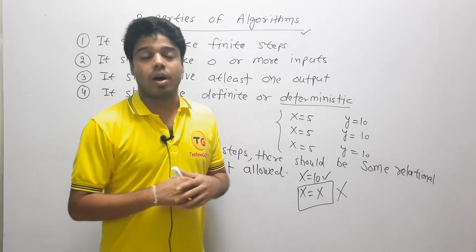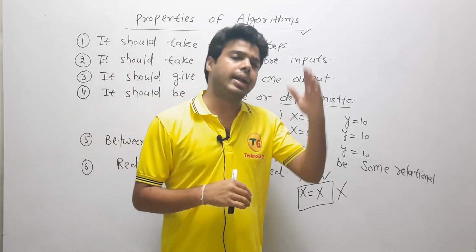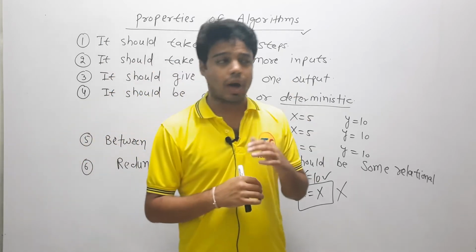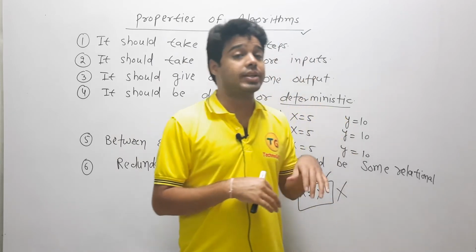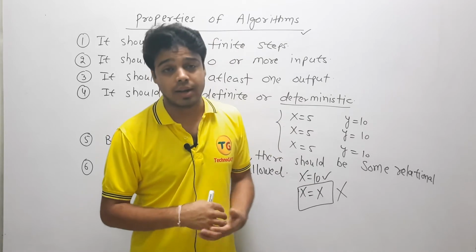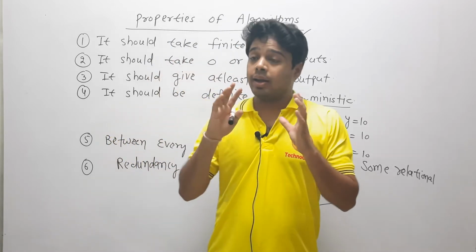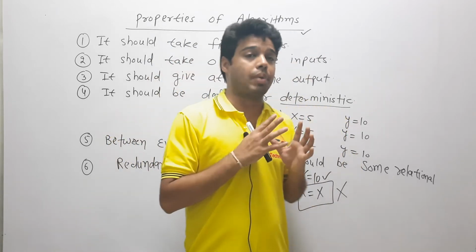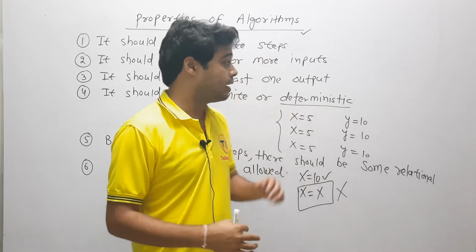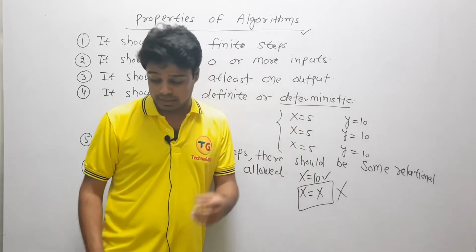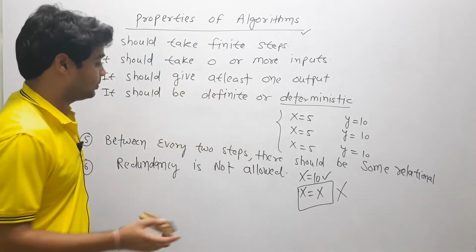For a particular problem, we may write many algorithms, even 1000 algorithms. Among 1000 algorithms, which one is the best? How to decide which one is the best? To decide that a particular algorithm is best, we have to do the analysis. So the next very important part is analysis.